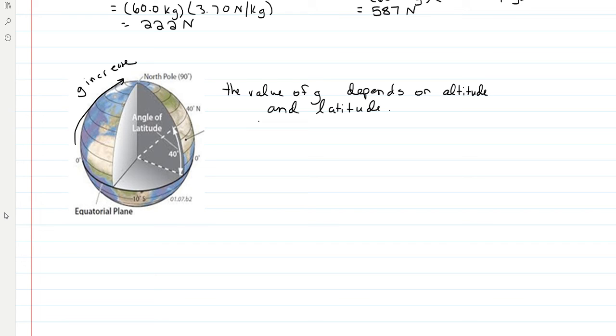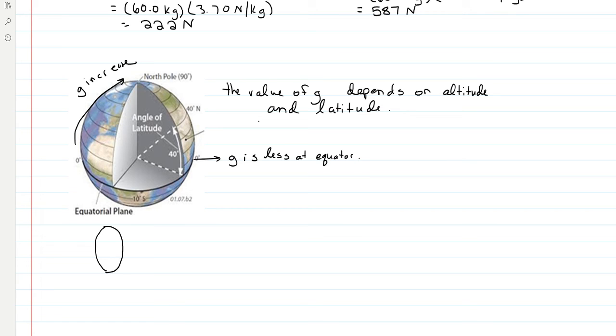It's more like an oval. It's about a 21-kilometer difference too. And the farther the object is from the center, the smaller the value will be. So the G value is less at the equator. It's the smallest, and it's because you're the farthest from the center.